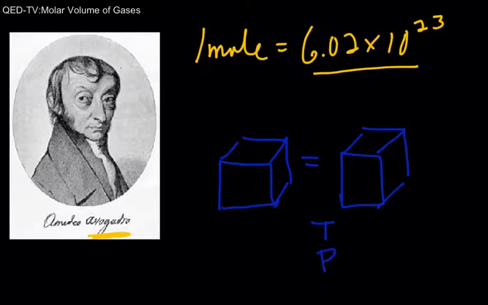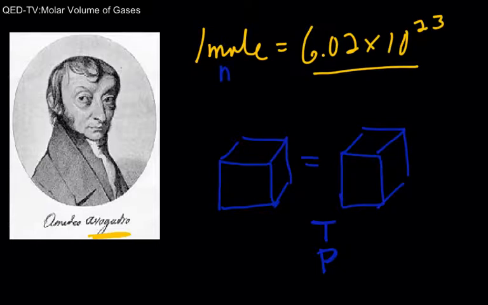And we'll talk a lot more about these when we get to gas laws, but if they're in the same room, then you have equal volumes, equal boxes, and if they're under the exact same temperature and the exact same pressure, what Avogadro said is that they will have the exact same amount of moles of gas in each of these.